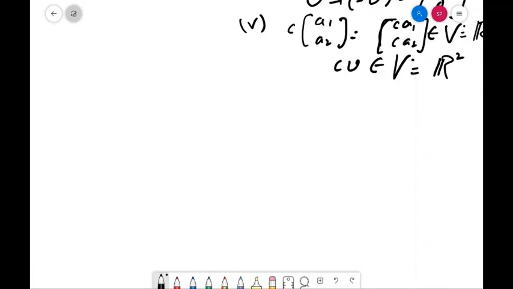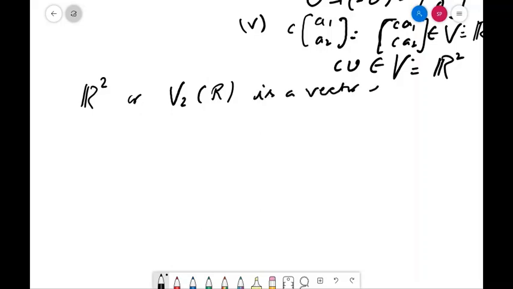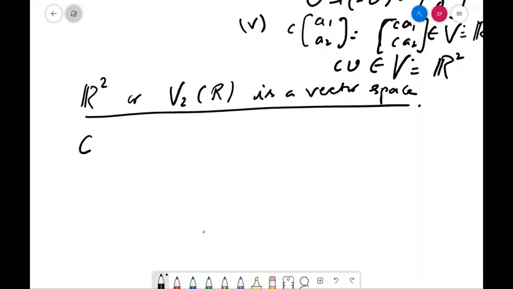So I can say here R2 or V2 over R is a vector space. Similarly, C2, I'll call it V2 over C, is also a vector space.